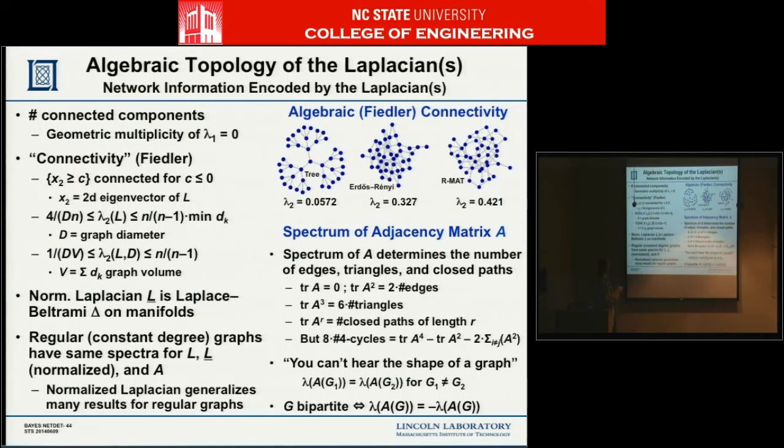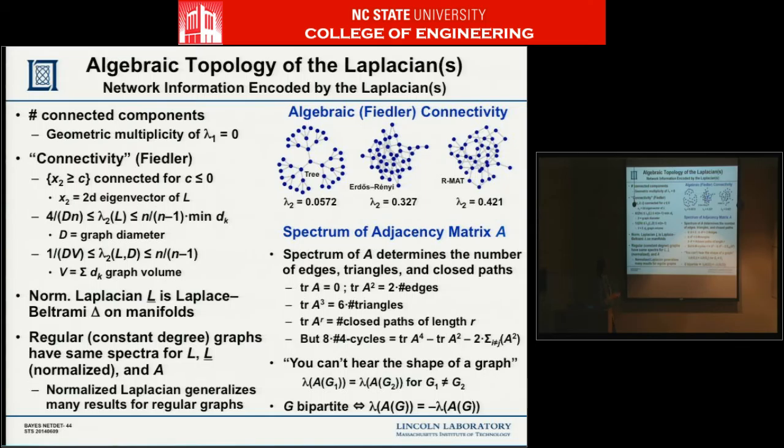And the eigenvalue associated with this has all these nice bounding properties that involve the order of the graph, the graph diameter, as well as the graph volume. So you have all these inequalities. If you compute this so-called Fiedler vector, or excuse me, the eigenvalue associated with either the graph Laplacian or the normalized graph Laplacian, then you have some sense of what the smallest diameter and volume is on the graph.